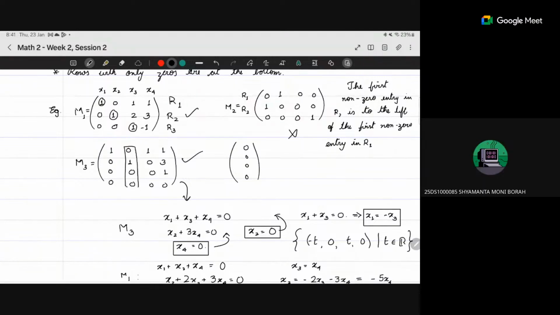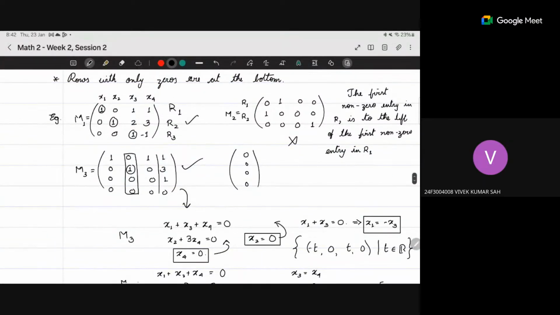In this column, is there a leading entry of any row? Yes, the leading non-zero entry of row 2 is in column 2. So x2 is dependent.